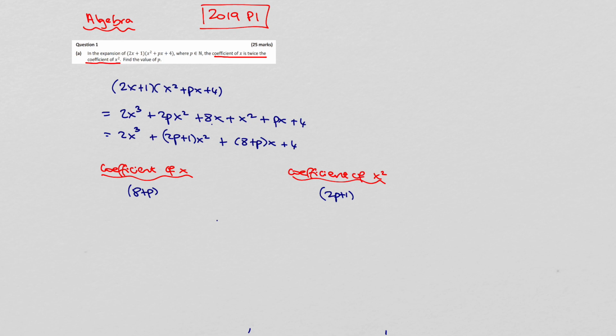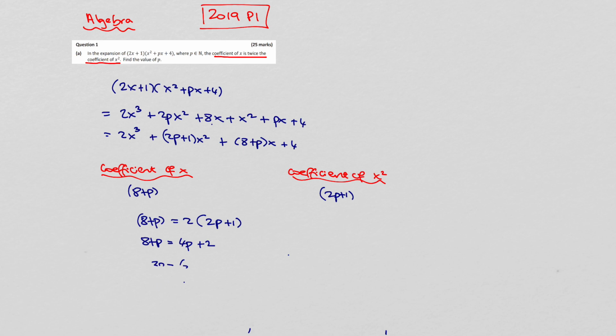So that means 8 plus p is equal to twice the coefficient of x squared, which is 2p plus 1. That gives us 8 plus p is equal to 4p plus 2, and therefore 3p equals 6, and therefore p equals 2.